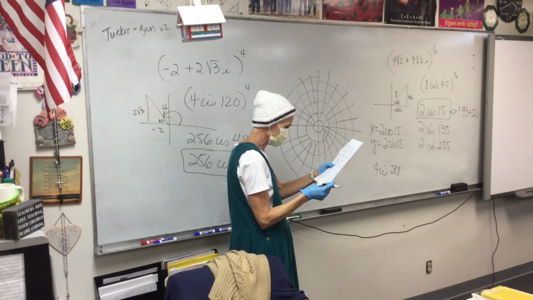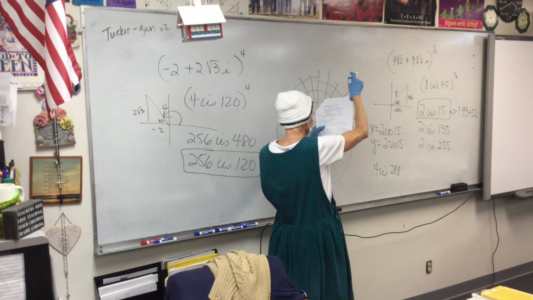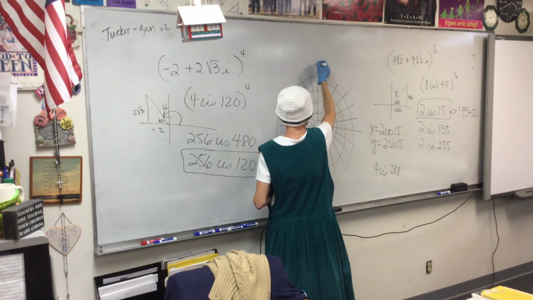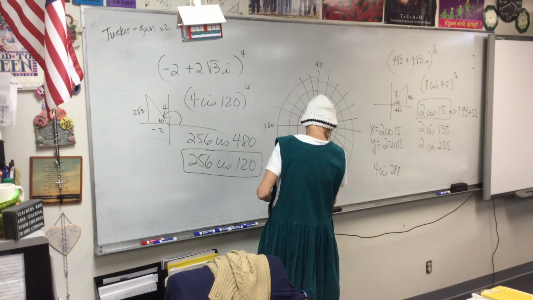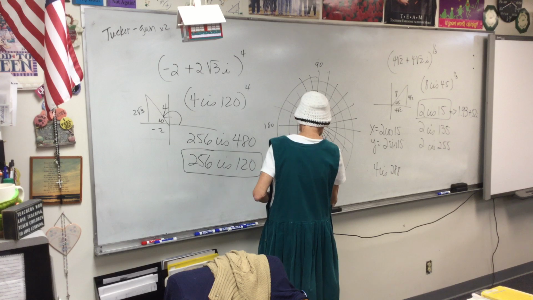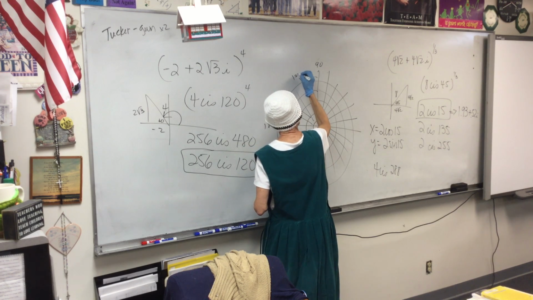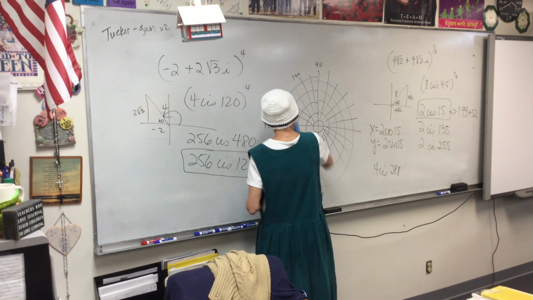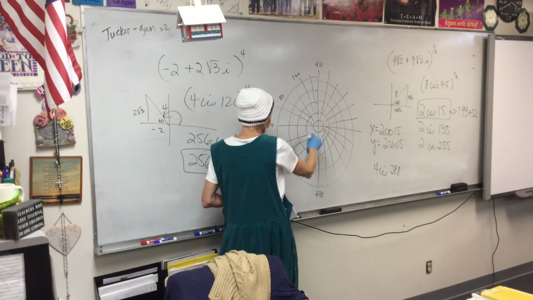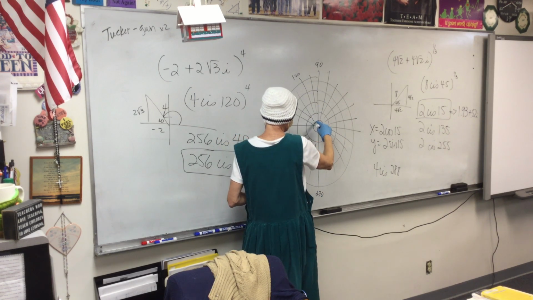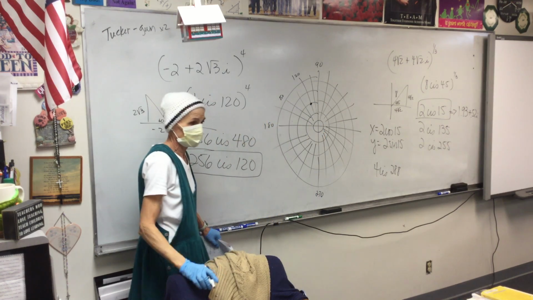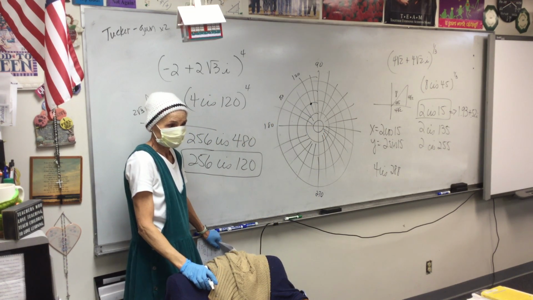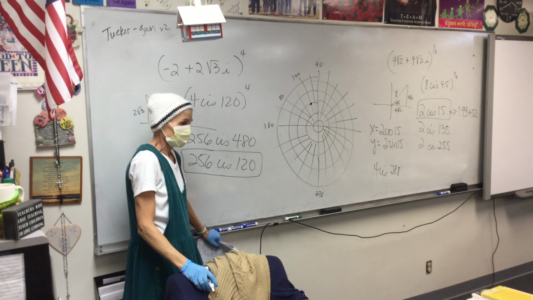We'll label these. 3, 120. Circle with a radius of 3. There's 1, 2, 3 on the angle 120. Easy.